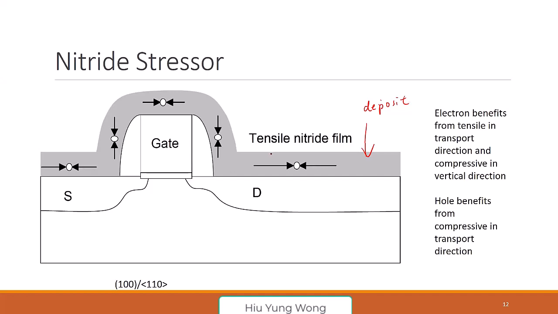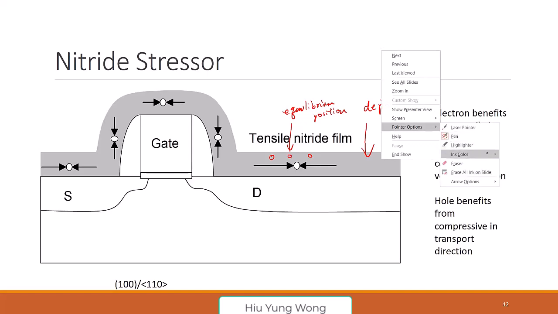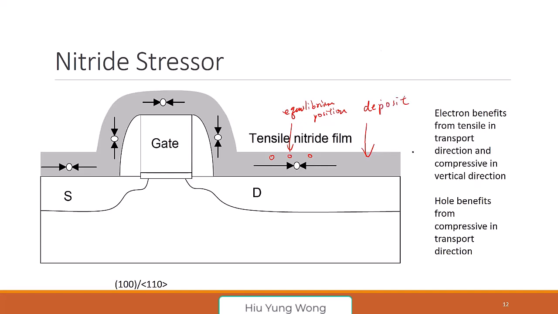So originally, the atom, let's say this is the equilibrium position. Right? But now, this is equilibrium, but now this is the current atomic position.